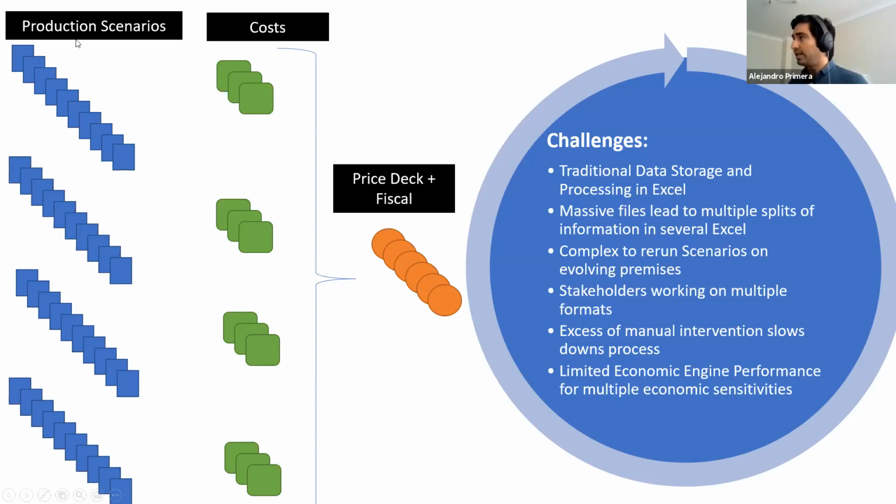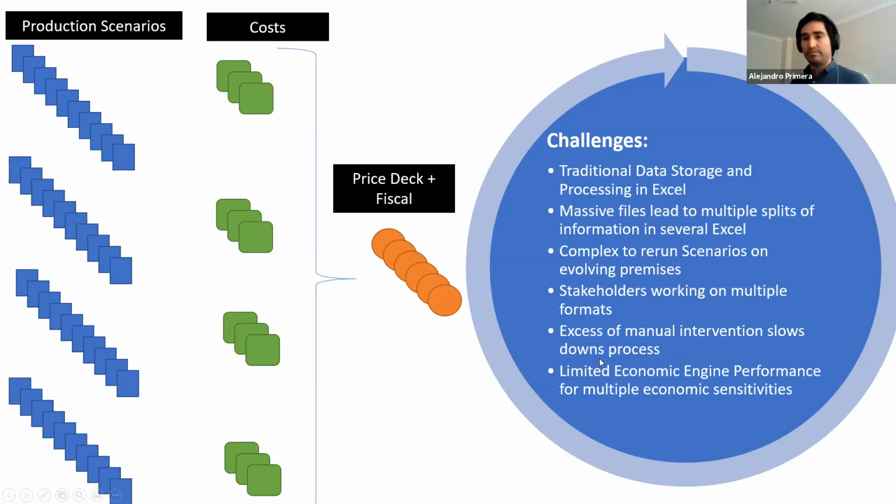The stakeholders, as we mentioned here, work in multiple formats. They work in whatever format they want to supply the data on. And usually it's down to the economist to aggregate all this information from different multiple sources into a particular format. So this leads to an excess of manual intervention, slowing down the decision-making process.